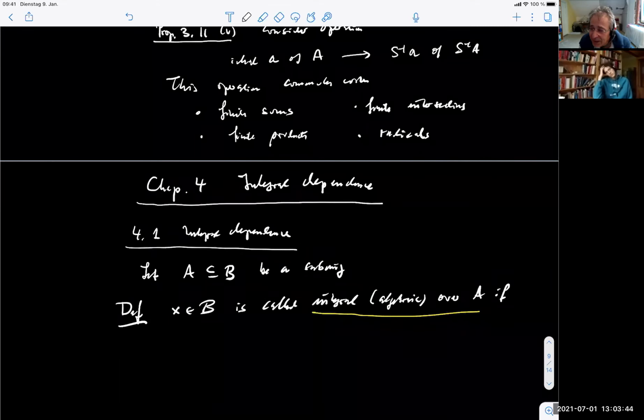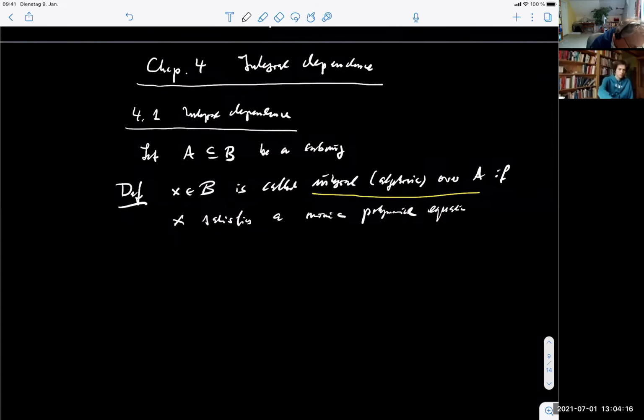This is something you cannot do over any ring, because your leading coefficient may not be a unit. The solution is you just require it. So x is integral if it satisfies a monic polynomial equation.